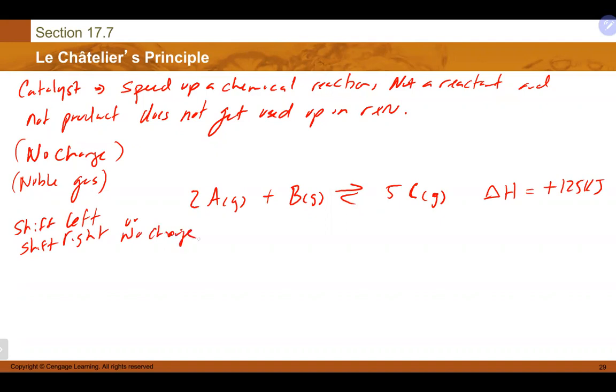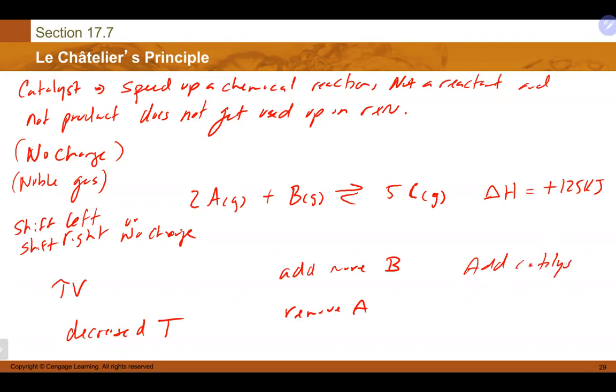Let's see here. Let's say we increase the volume, we decrease the temperature, we added more B, we removed A, we added a catalyst, and let's see, we added more B. Now let's say we added some C. And let's just say we then increase the pressure.